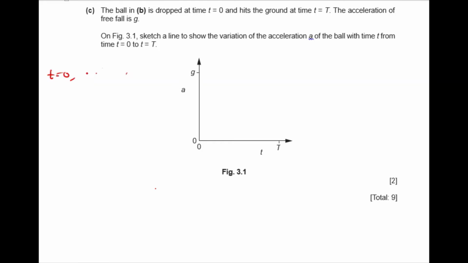When the ball is at maximum height, this is the ball, only weight pointing downward. So here, we said that acceleration equals the gravitational acceleration, 9.81 m s^-2.